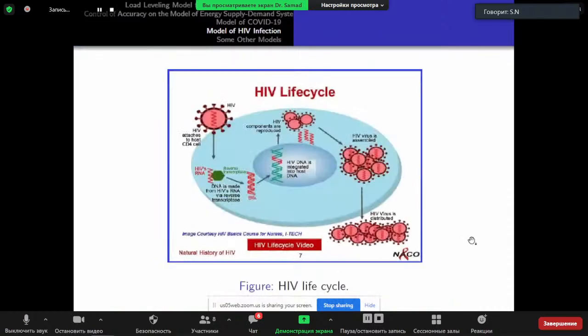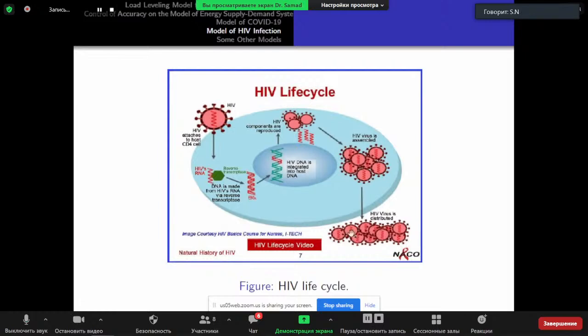Here we also have a transmit life cycle, where we can see the influence of HIV on DNA and also RNA.